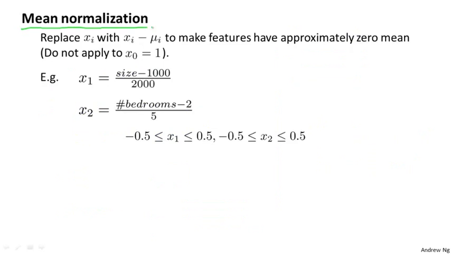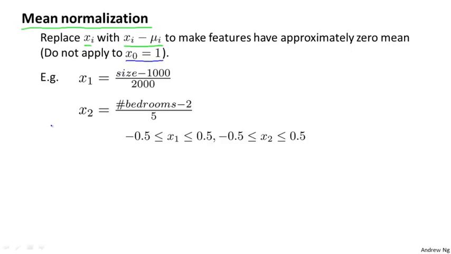And what I mean by that is that you might take a feature xi and replace it with xi minus mu i to make your features have approximately 0 mean. And obviously we won't apply this to the feature x0, because the feature x0 is always equal to 1, so it cannot have an average value of 0.